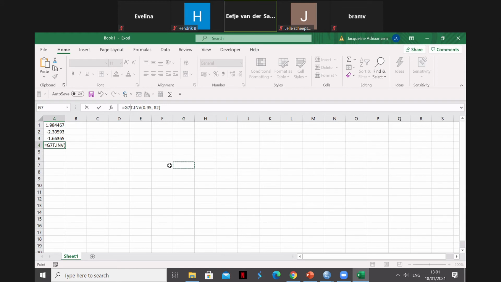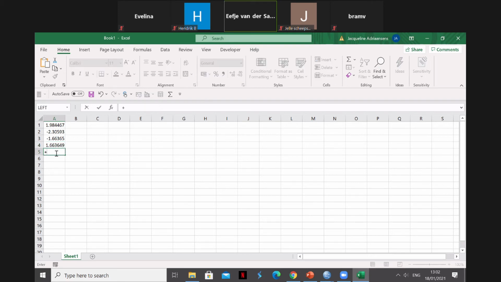It calculates this entire area, but we want the part on the other side, because we take the opposite, remember? So you just put a minus in front of it because it's a lower-tail test, and you get the same answer. You have to put a minus in front of it if you do it like that. You know it has to be negative because it's a lower-tail test. That's for the critical value.